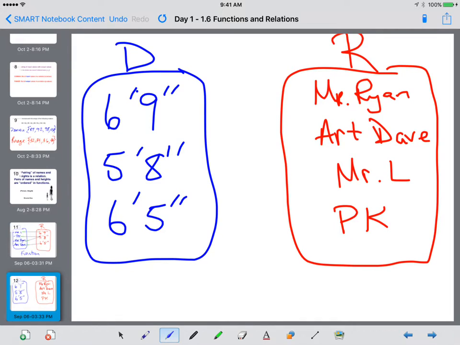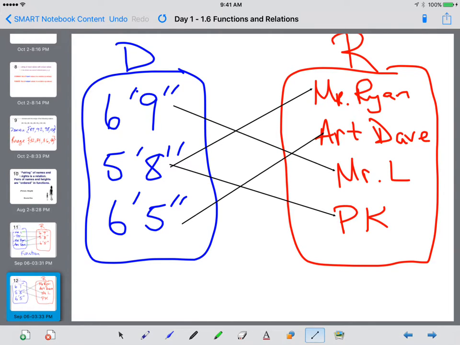If we switch our domain and our range, all of a sudden our domain is the height and our range are the people. Let's see if it's a function now. Let's map. So 6'9", that was Mr. L. 5'8", that was Mr. Ryan and PK. 6'5", that was Art Dave.